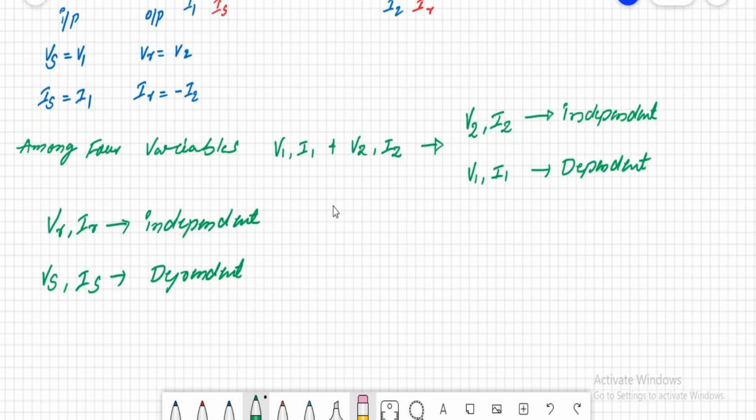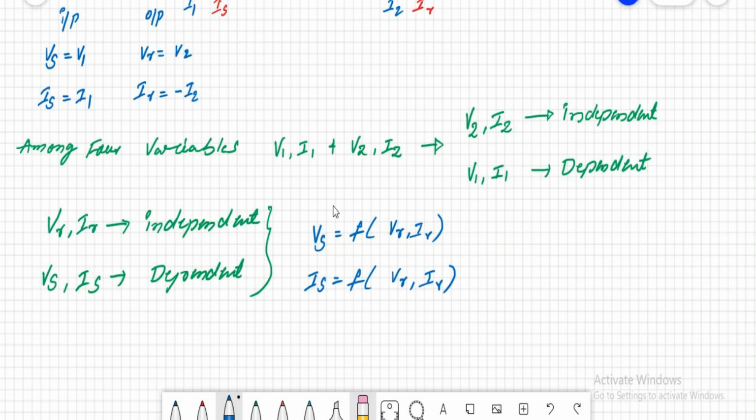By considering these statements, we can write Vs as a function of VR, IR, and IS as a function of VR, IR.